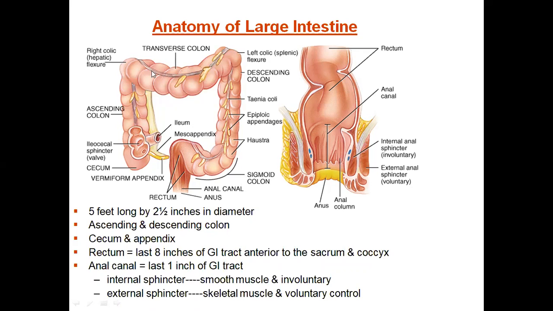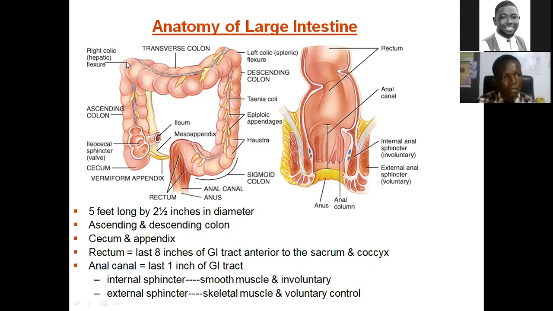So from here to here, where it makes a sharp turn, it forms a smaller groove called the right colic flexure. Here, this is what I'm referring to.